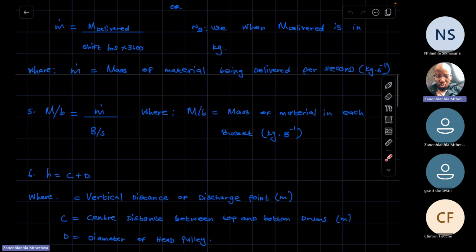Now this here, the mass of material in each bucket, you simply use this SI unit. Because you're looking at mass, this will be in kgs, and then kgs per bucket. So you can simply use this as your SI unit.